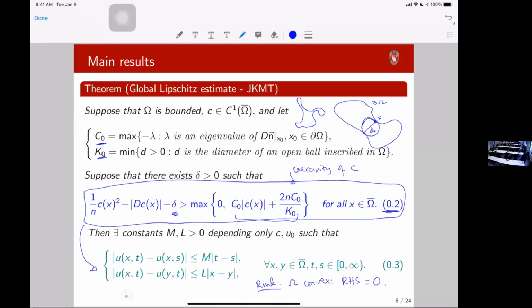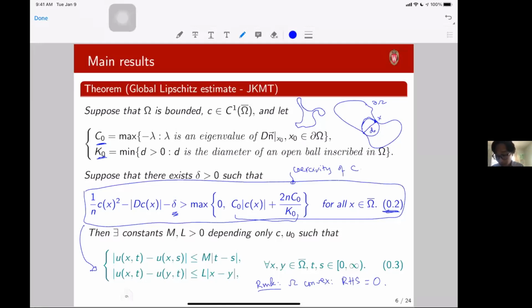If in a convex domain your right hand side is 0, yes, then I don't have the interplay of curvature on the boundary anymore.